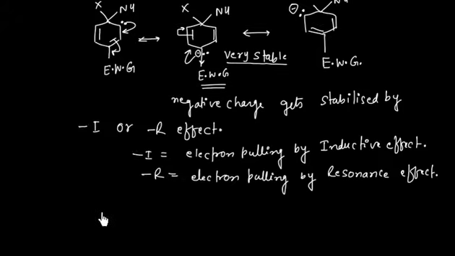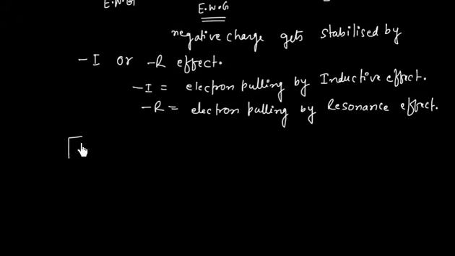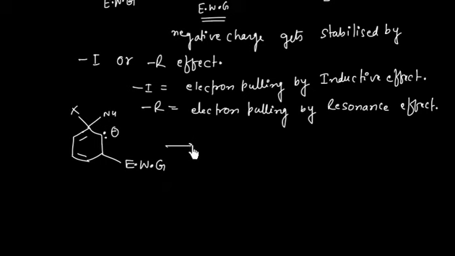Now let us say I have an electron withdrawing group at the meta position. So we have this intermediate. This is the electron withdrawing group. We can write resonating structures.